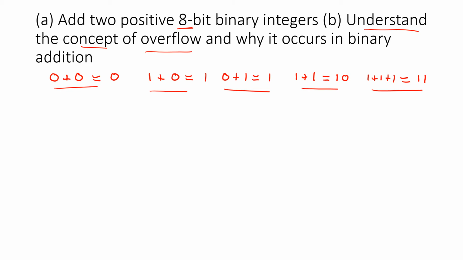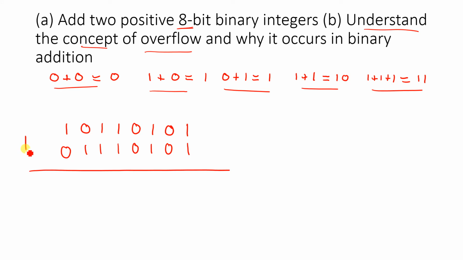So we'll have a look now. Let's do maybe 1 0 1 1 0 1 1 1 and 1 1 0 1 1 0 1 1, eight digits each, and we're going to add these up. So we do 1 plus 1. If we look at our rules up here, that is 1 0.